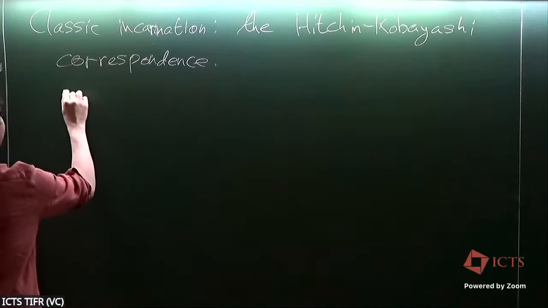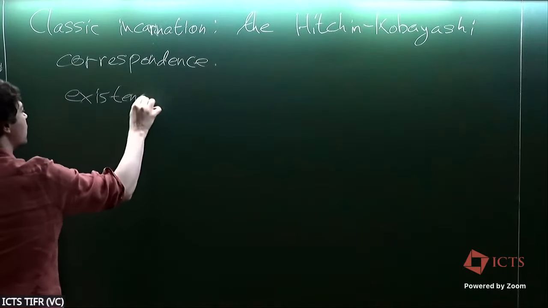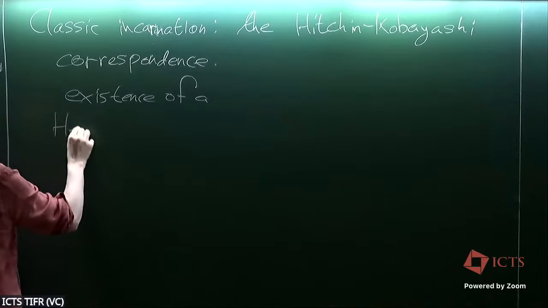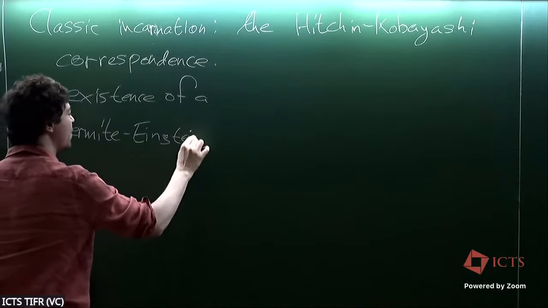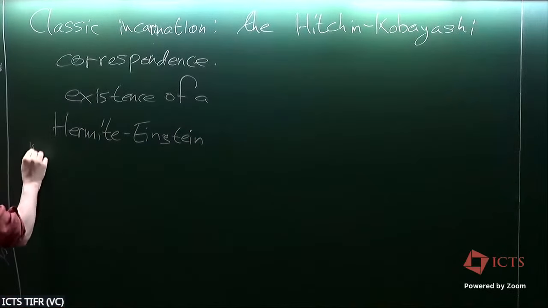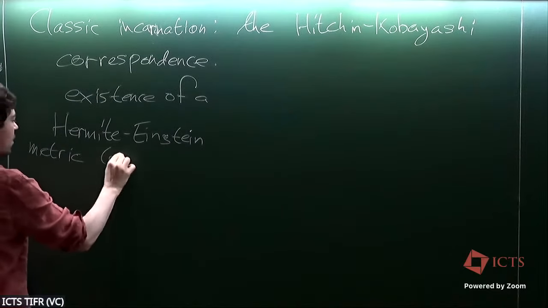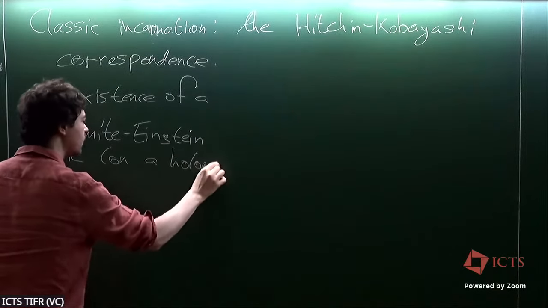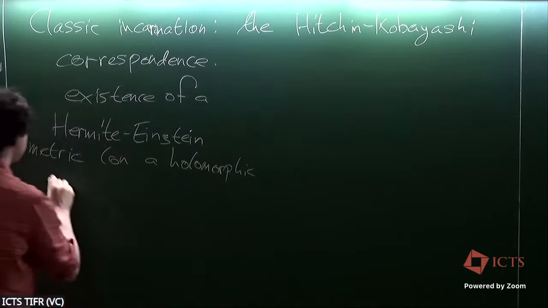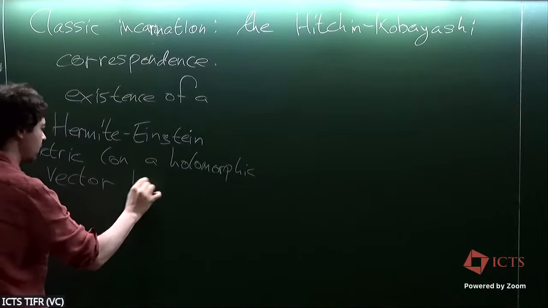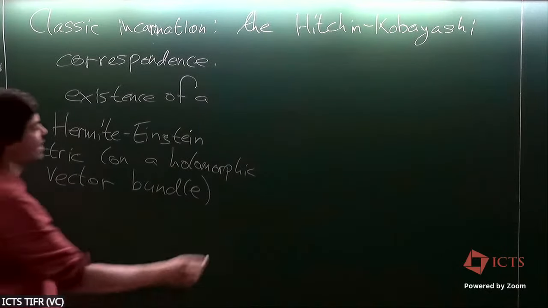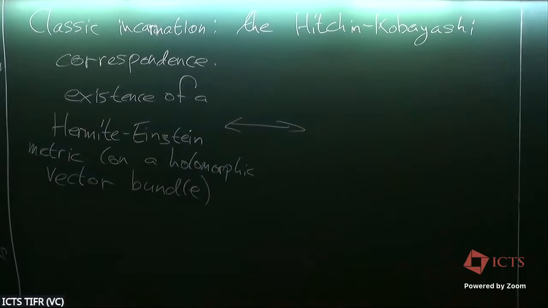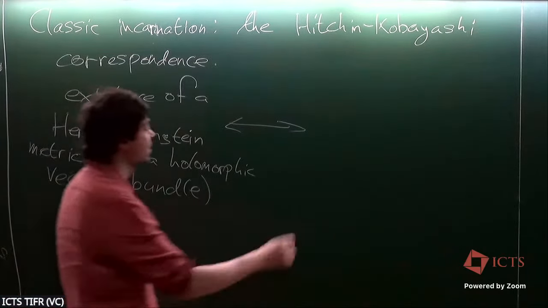And this says that the existence of a Hermite-Einstein metric, this is a geometric PDE for a Hermitian metric on a holomorphic vector bundle, can be found, namely one can solve this geometric PDE, precisely when the vector bundle satisfies an algebraic geometric condition, which is called slope stability.